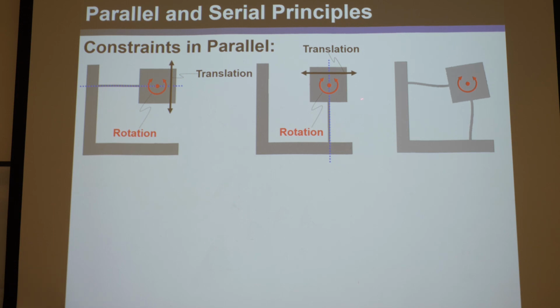Of course, this wire also achieves a rotation and translation perpendicular to it. Well, when you put them together in parallel, as you see on the far right, the 2 translations have different directions, so they're not in common, so they die, they go away. What you get is what's in common with both of these, which is the rotation, and it would be at the instant center there. Okay? So the degrees of freedom that they share in common are the ones that survive.